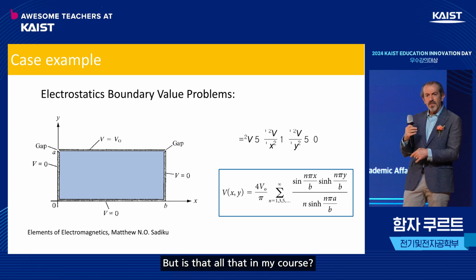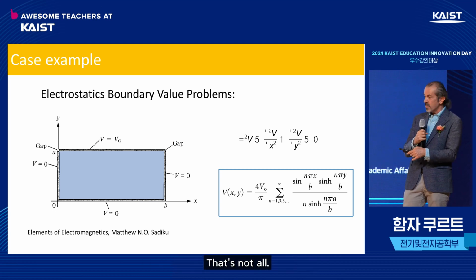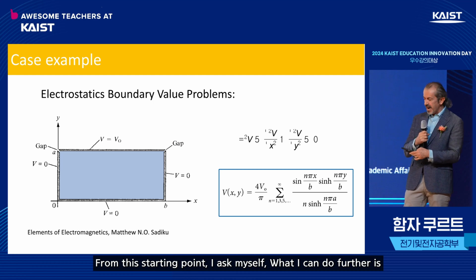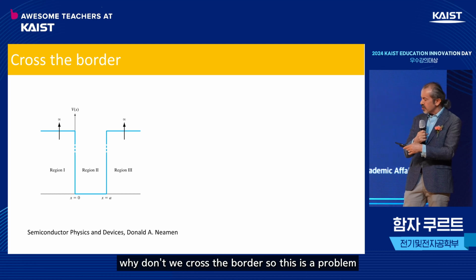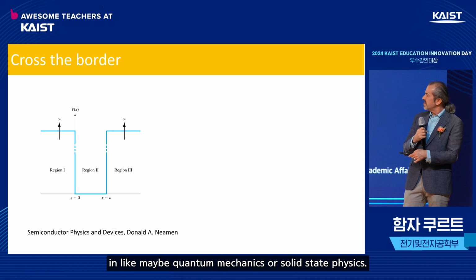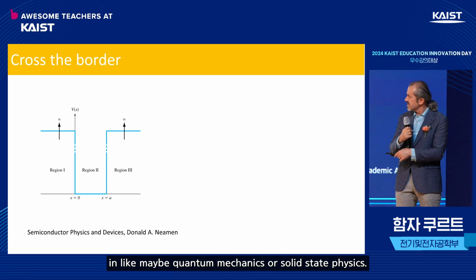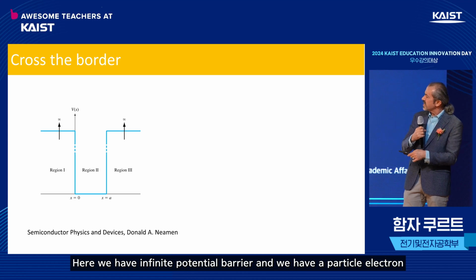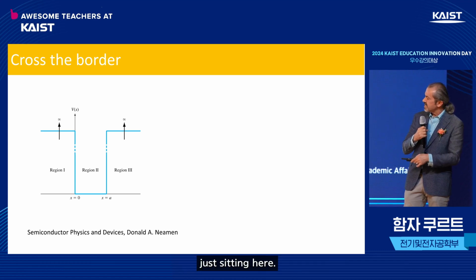But is that all? Well, in my course, that's not all. From this starting point, I ask myself what I can do further: why don't we cross the border? This is a problem in quantum mechanics or solid state physics. Here we have an infinite potential barrier and a particle, an electron, just sitting here.